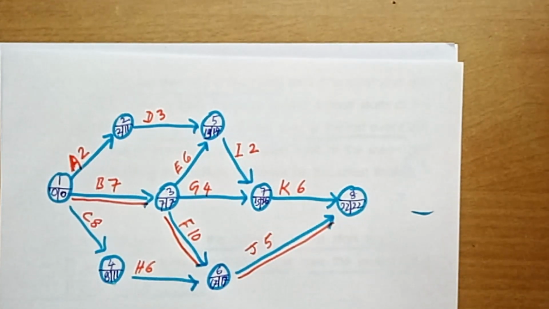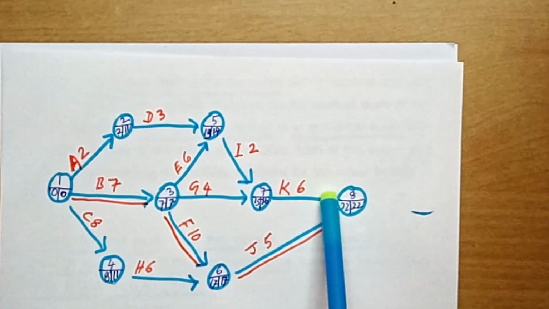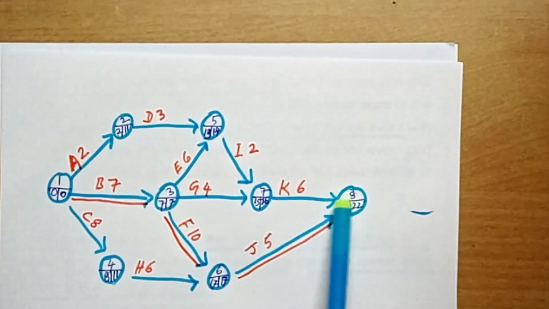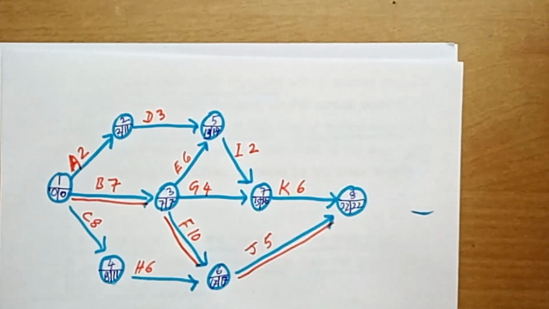Now this is our critical path, by node 1, 3, 6, 8 and by activity B, F, J. This is our critical path.